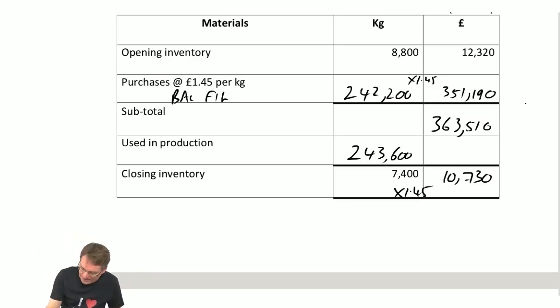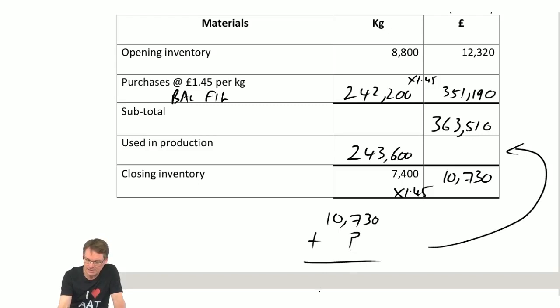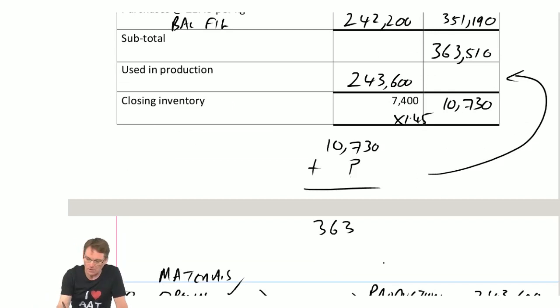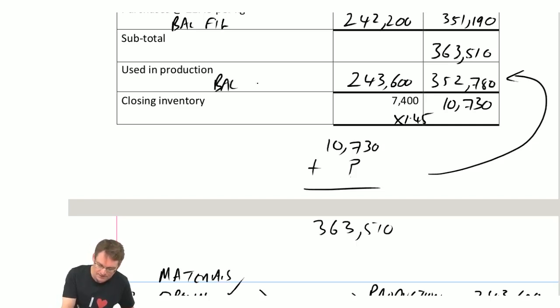So I need a balancing figure, 10,730, which is what the value of my closing inventory is, plus whatever I used in production has got to equal 363,510. And again, simply doing a little bit of arithmetic, you end up with 352,780, and again, that's your balancing figure.